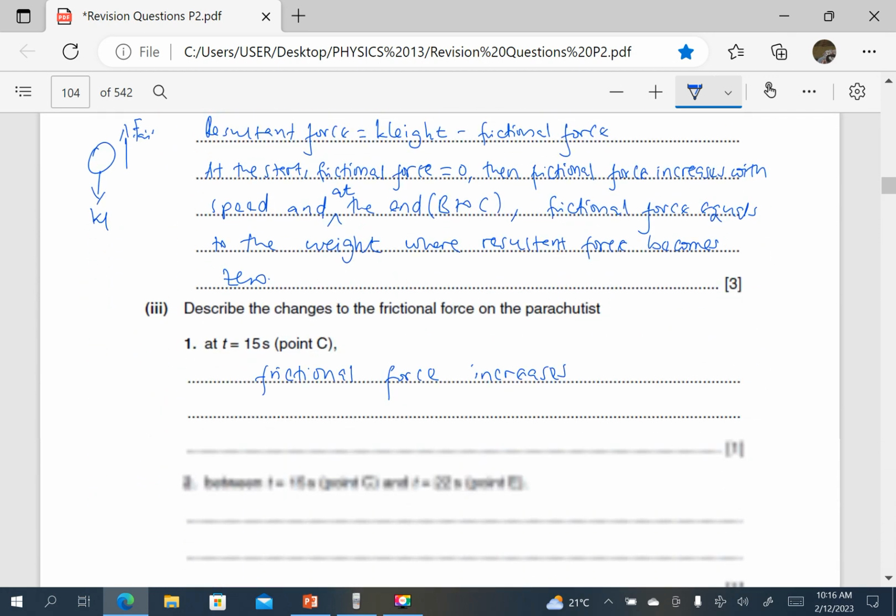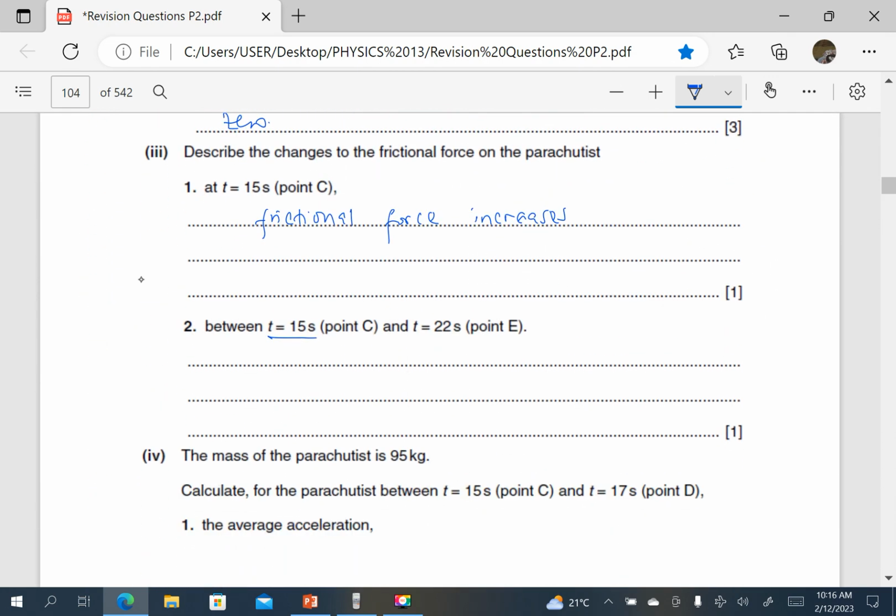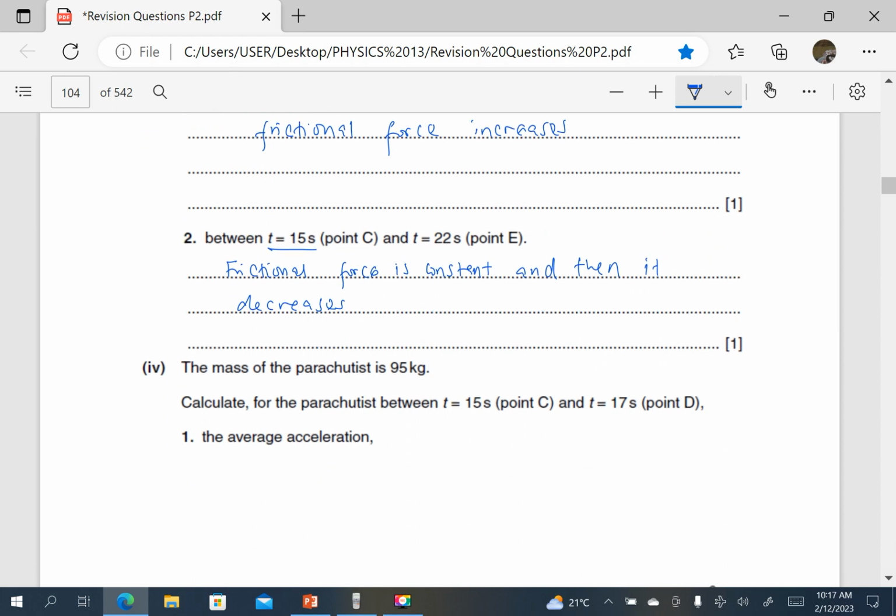Then we can simply say that between C and D, the frictional force is initially constant, and then it decreases.